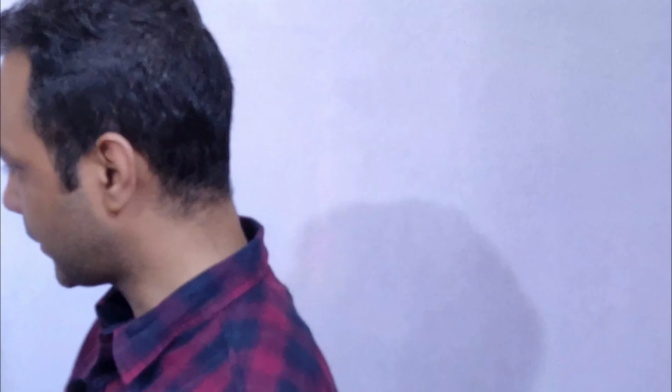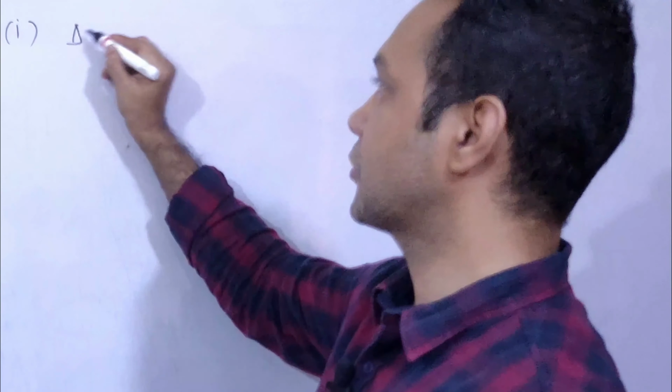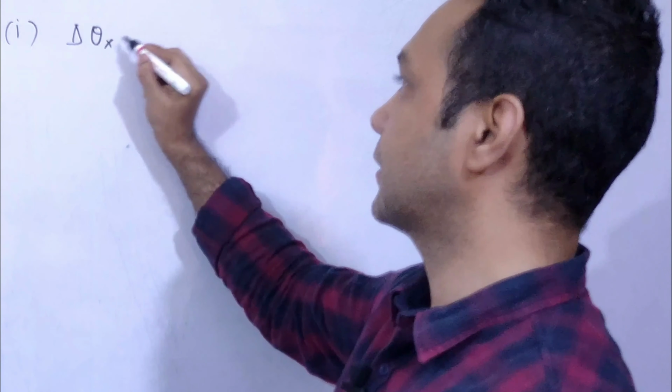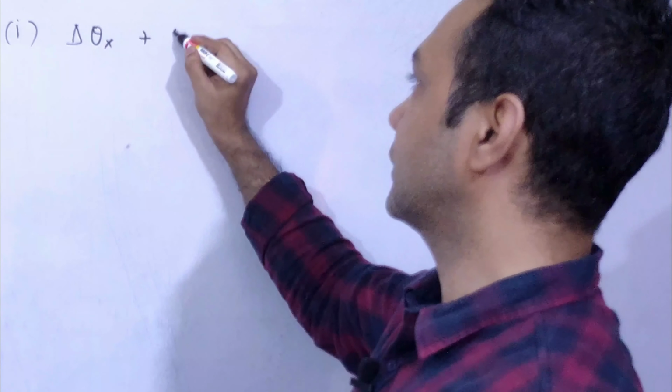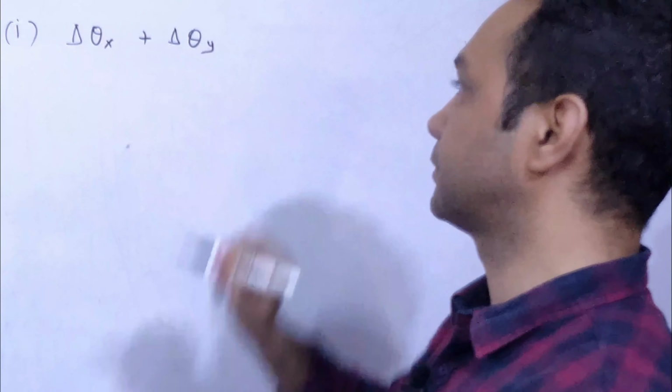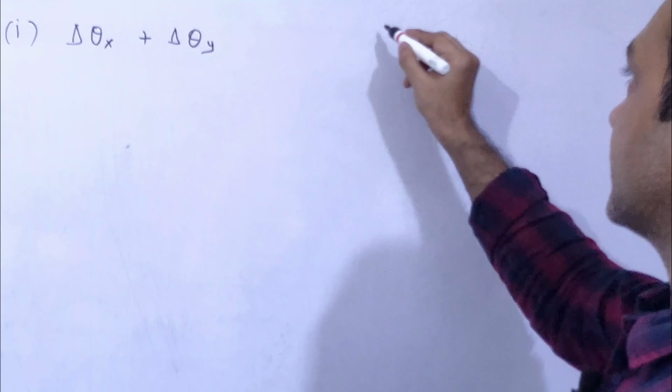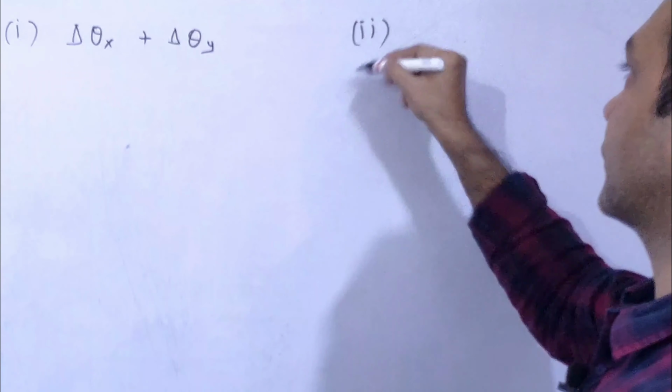In any case, whatever way we rotate, this point is not going to move, and this point is going to move. First we will do the rotation in this order: first delta theta x and then delta theta y. Then the order changes: first delta theta y and then delta theta x.